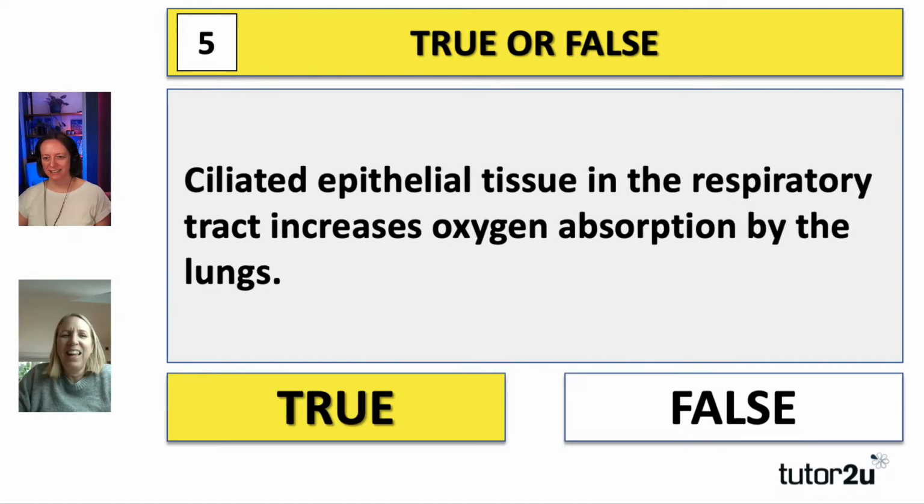Okay, so our last one: ciliated epithelial tissue in the respiratory tract increases oxygen absorption by the lungs. Is that true or false? So think about what I said about ciliated epithelial tissue and its role. Is it about oxygen absorption, or is it about something else?